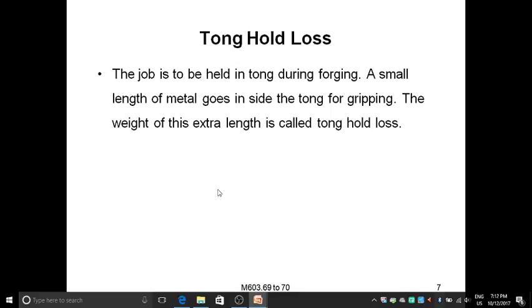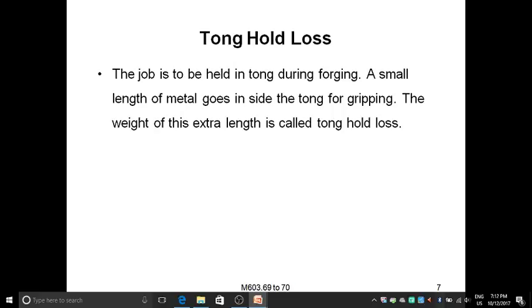So now you come to the tongue hole losses. Normally this tongue hole loss is the loss whenever you are trying to hold the workpiece with the help of a tongue. So you must have some projection on the workpiece. This is an extra length that needs to be provided on the workpiece to hold with the tongue.